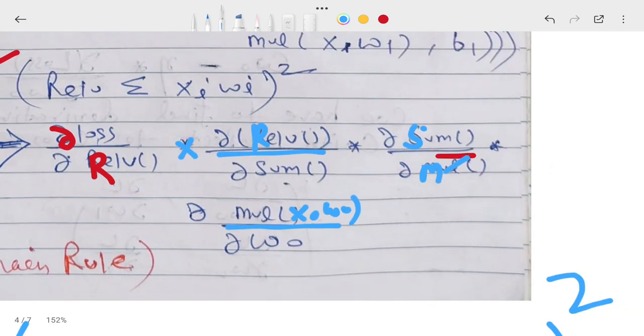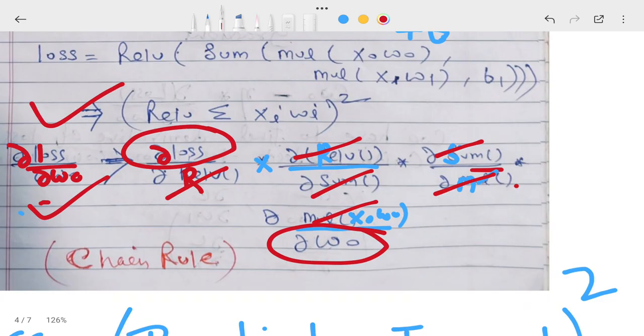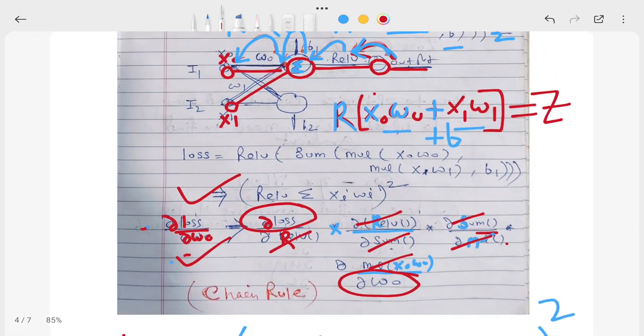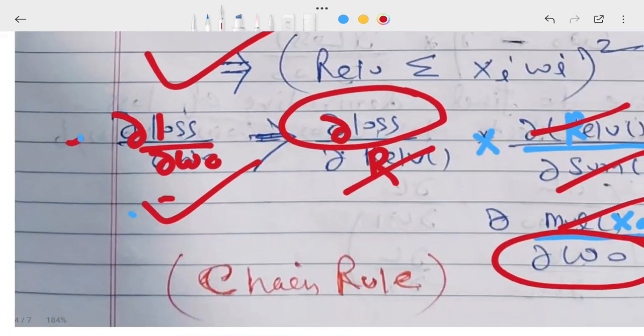If you have any confusion, you can check: I subtract this, done, this, done, and mul done. Now you can see I have dLoss upon dW0. This was my target. So we are using the chain rule to update my weight.